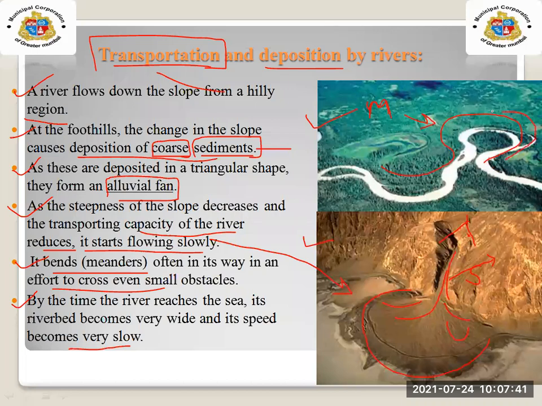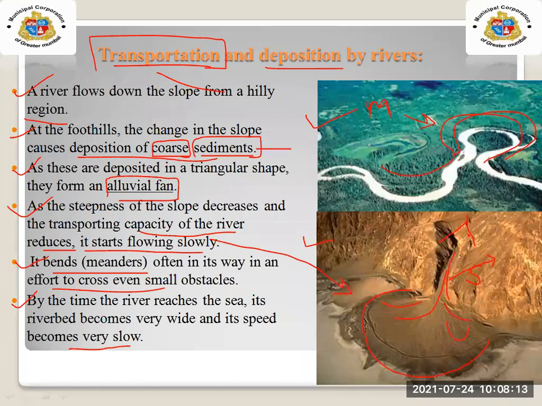Even if there are small obstacles, by the time the river reaches the sea, its riverbed becomes very wide and its speed becomes very slow. Because of these obstacles, the speed of the river gets slow, and near the riverbed it becomes very wide and the speed becomes very slow.